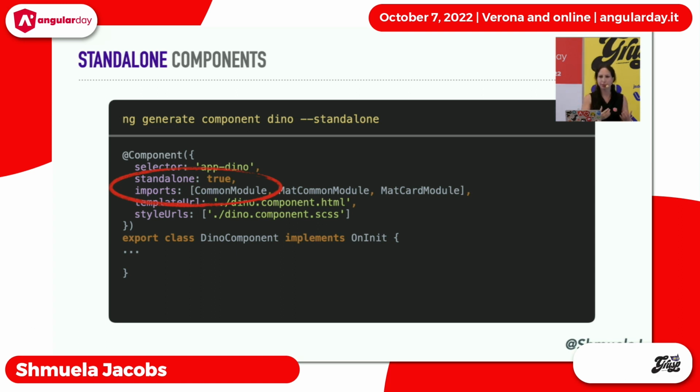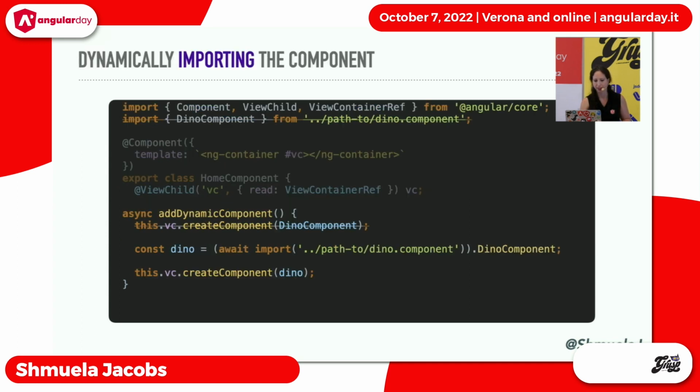And you can also import to it other standalone components or modules. And the rest is pretty much the same. And then instead of importing it directly, you're using async import. So you can see here the await import and the path.